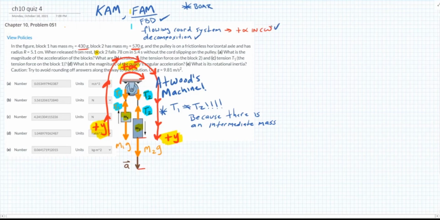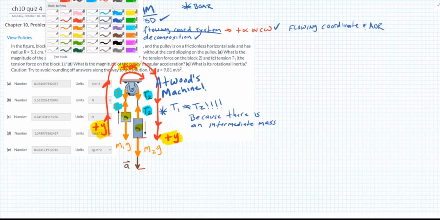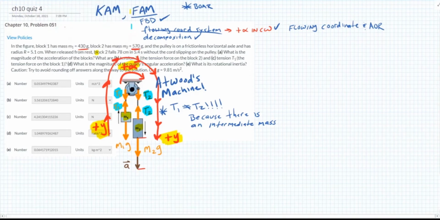The one other thing I should mention, and this goes along with the coordinate systems, is that maybe I should call this flowing coordinate system and axis of rotation. AOR for short, axis of rotation. Here's my axis of rotation. That pulley is spinning about an axis of rotation right there.